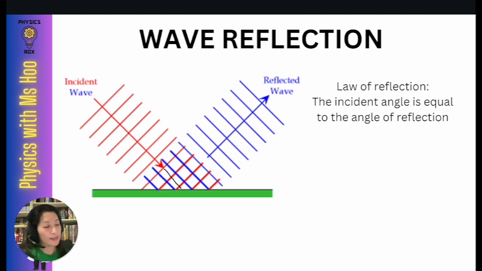So if I extend the arrow so that it touches the barrier like so, here's the normal line. I'm going to write here, normal, and complete the arrow here. This is the angle of incidence, which I'll label as I, and this is the angle of reflection, which I'll label as R.